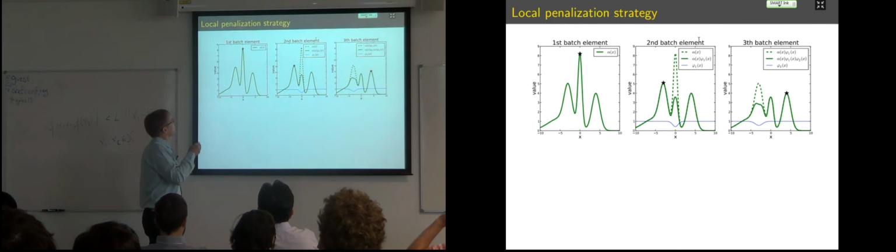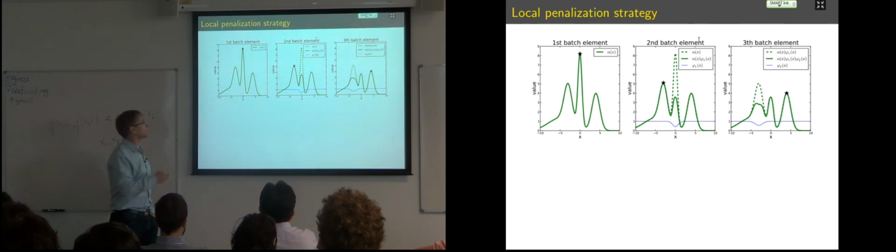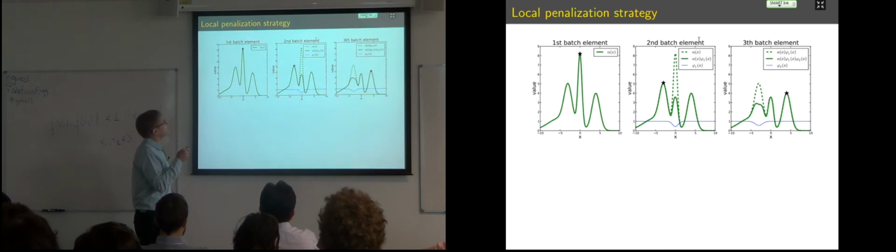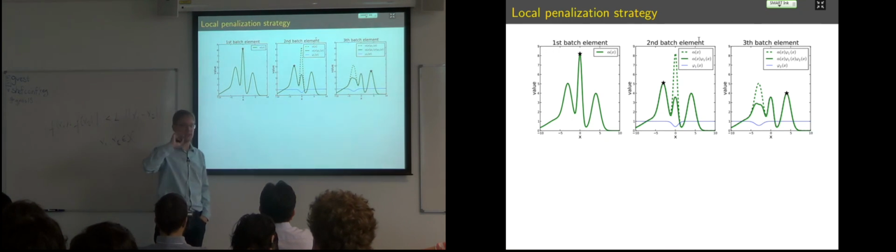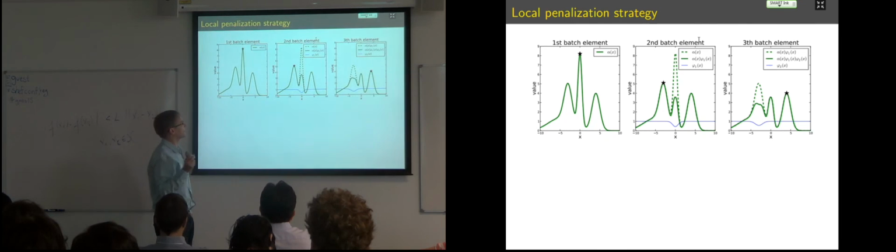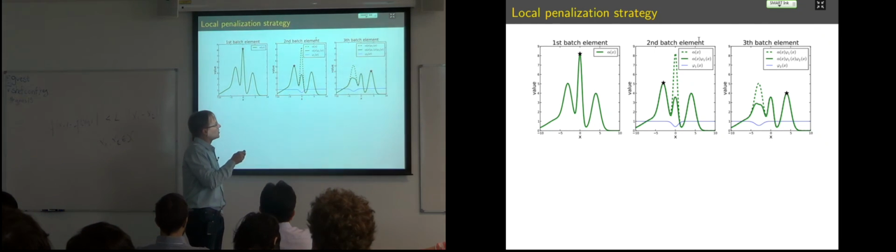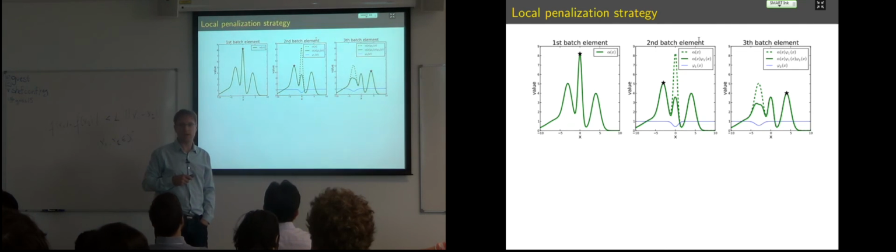So we start with an acquisition function which looks like this. You just want to collect one element, so you maximize the acquisition function. You get this point here, right? And now what you do is you build this exclusion zone based on some value of the Lipschitz constant, and I will say how to estimate that. So this is the penalizer that is determined by that exclusion zone.